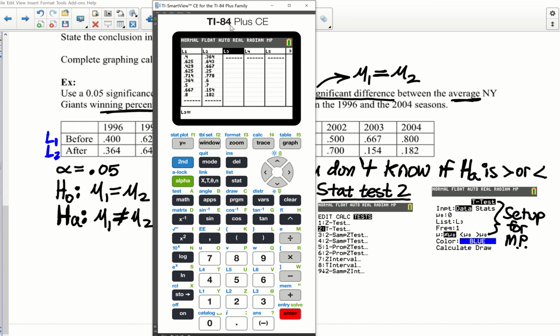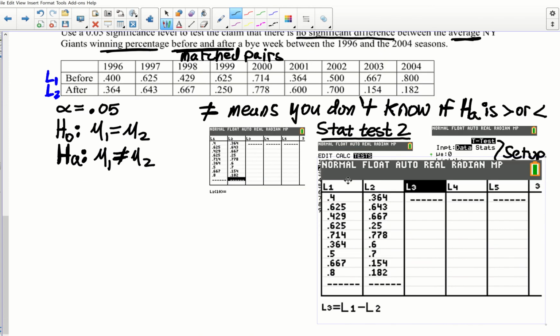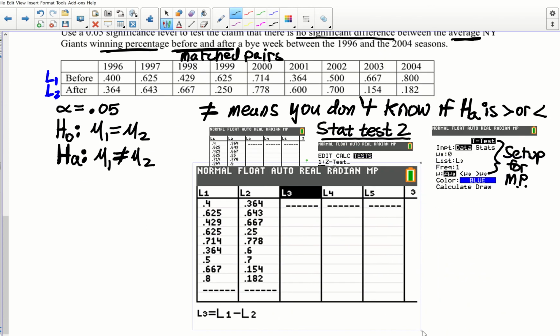So what that does, in the bottom of the screen, it gives you a field where you could put an operation. That operation is going to be between L1 and L2. So what we're going to do is subtract, we're going to write L1 minus L2. So you hit enter on the column heading L3 and then type in L1 minus L2.